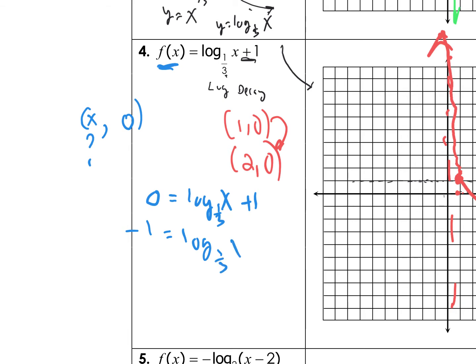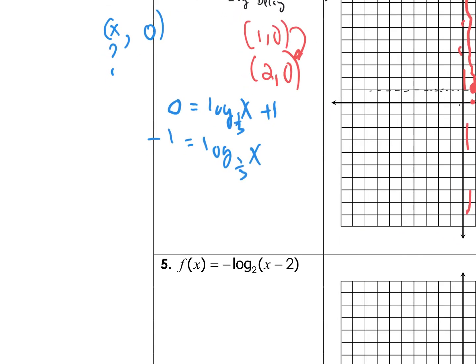Log base 1/3 of x. To get rid of the log base 1/3, I will exponentiate both sides, 1/3 to the power. In other words, both sides are being raised up. So this 1/3 to the log base 1/3 basically cancels out, leaving x equals 1/3 to the -1, which means, if you think about it, the 1 gets a -1, the 3 gets a -1.